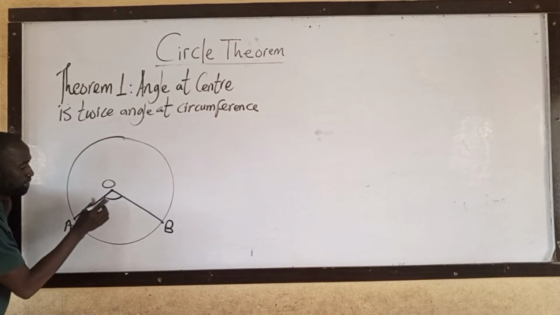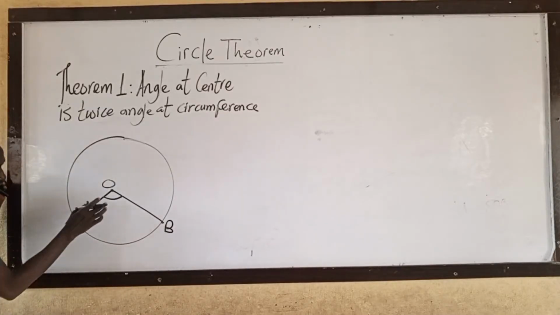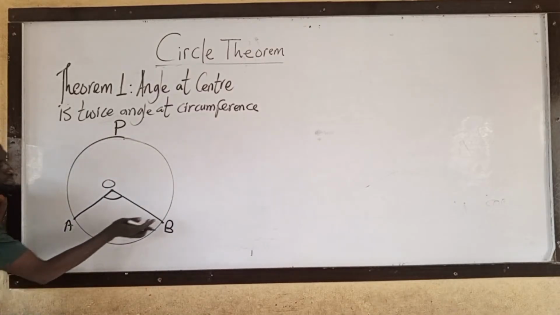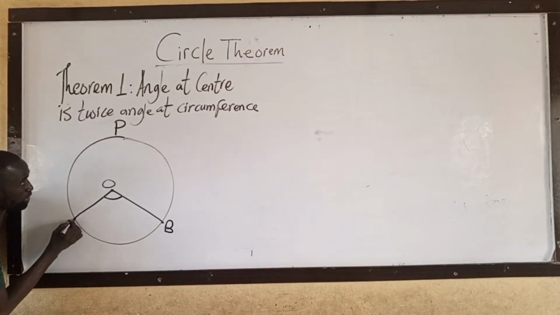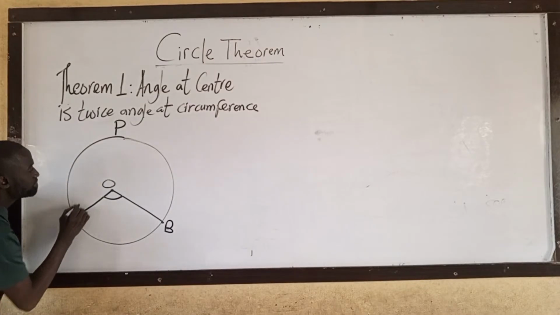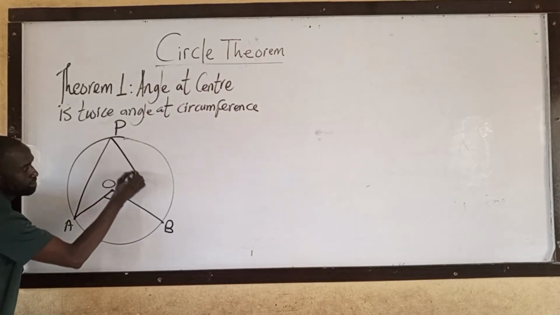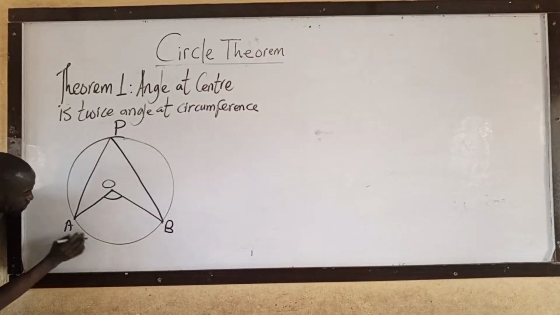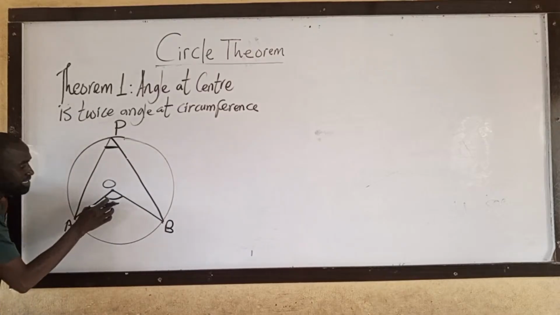Suppose I call this place P. This is the remaining part of the circumference. This point also travels here to go and meet it. So this arc forms another angle at the circumference. Center, circumference.